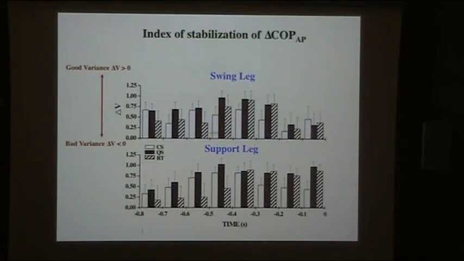So it makes sense to phase out synergies. So we had this kind of hand-waving interpretation of this result. Then we realized later that that was probably the first occasion when we saw anticipatory synergy adjustments.